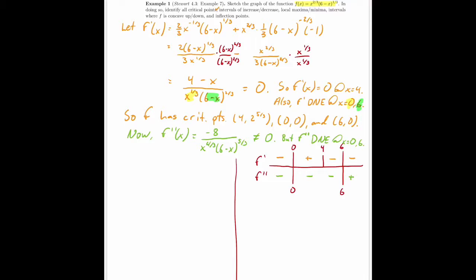So let's just say, f is increasing on the interval 0 to 4 and decreasing on negative infinity to 0, union 4 to 6, union 6 to infinity. Don't just write 4 to infinity because it's not decreasing at 6. Its derivative is 0 there.